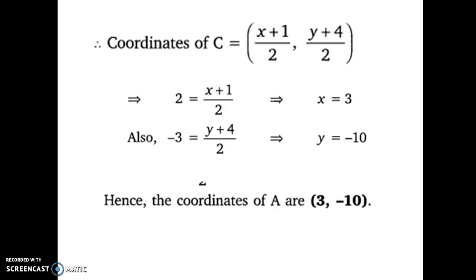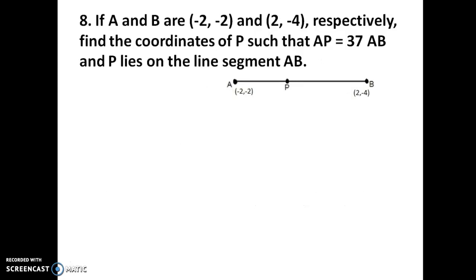That's the required coordinate. Then the 8th problem: if A and B are (-2, -2) and (2, -4) respectively, find the coordinates of P such that AP is equal to 3 by 7 of AB and P lies on the line segment AB.